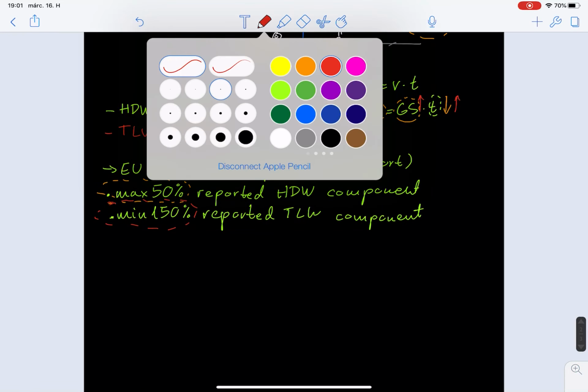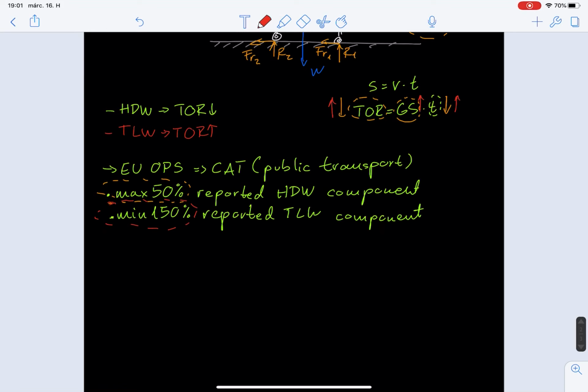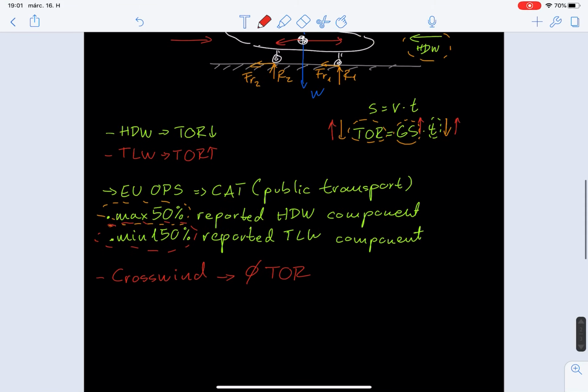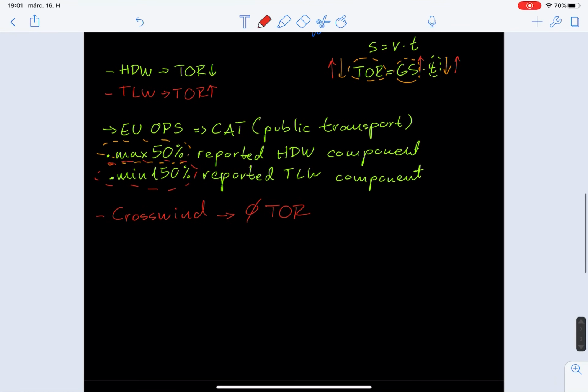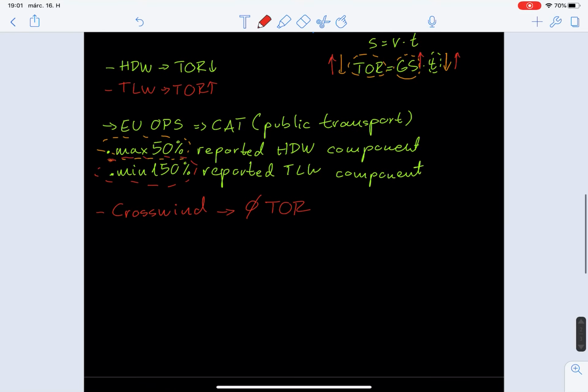you might also say crosswind limitation. So we will consider that crosswind has no effect on the takeoff run, but in reality it's going to have an effect. In reality, as you can imagine, having a crosswind, especially a more pronounced crosswind, is going to require using your ailerons during the takeoff.